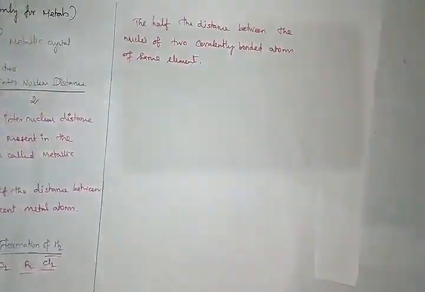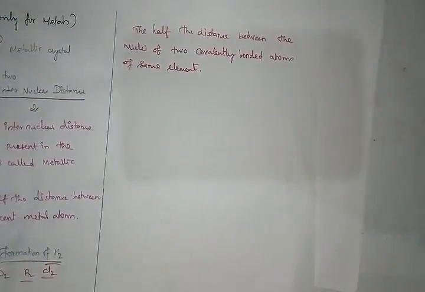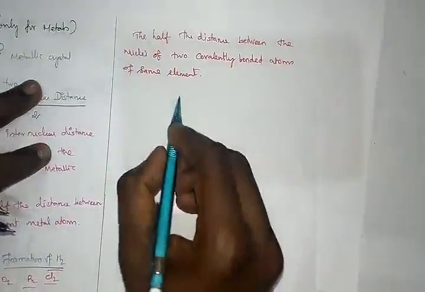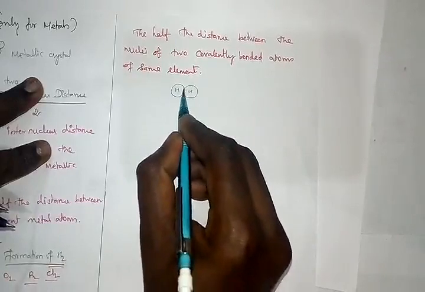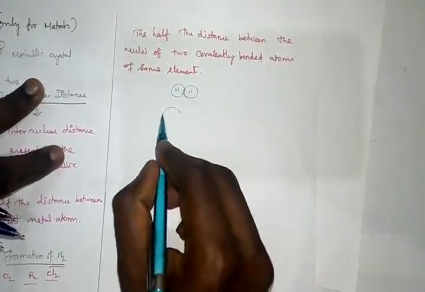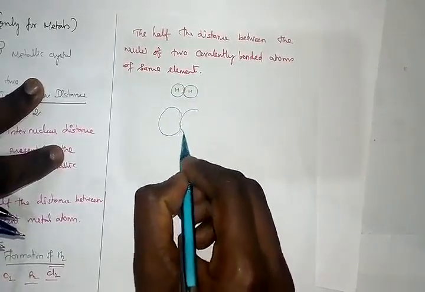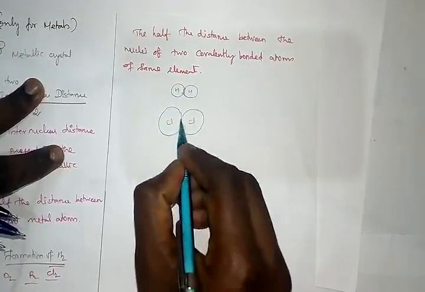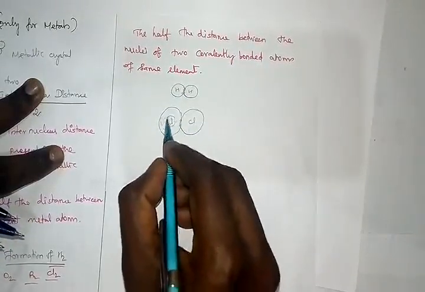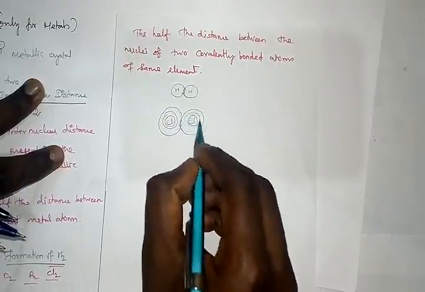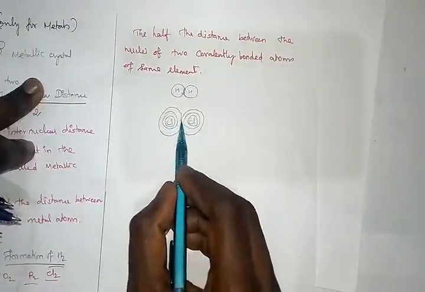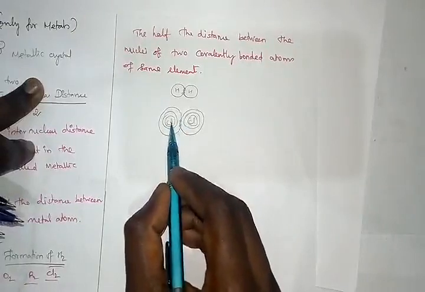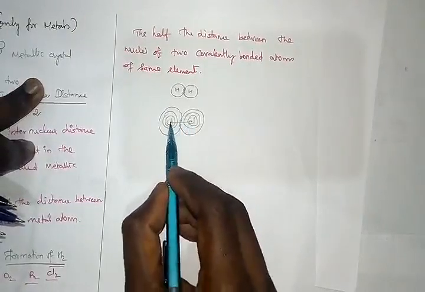Let us verify this. If I draw hydrogen, the other atom will also be hydrogen, with two shared electrons. Similarly chlorine, chlorine, with two electrons, and the other shells are here, imagine. There is a single bond between them.